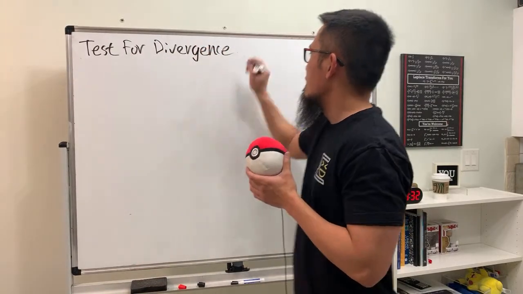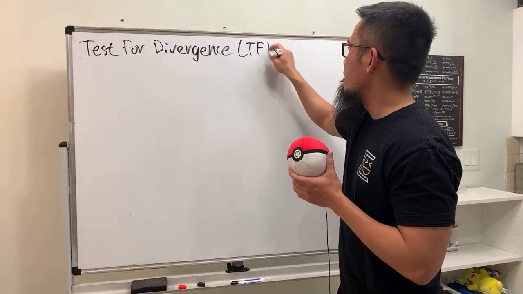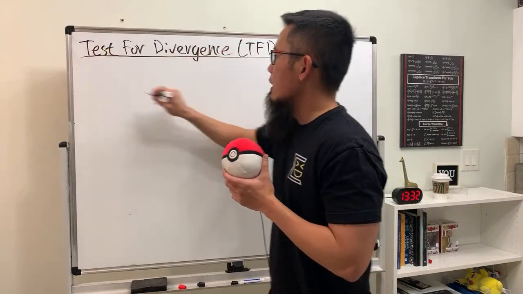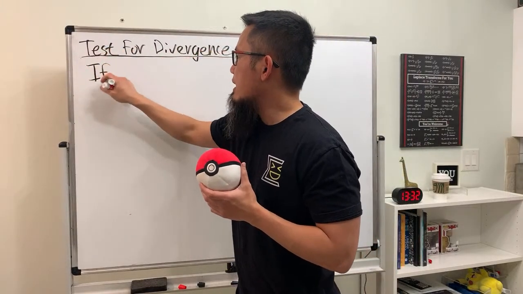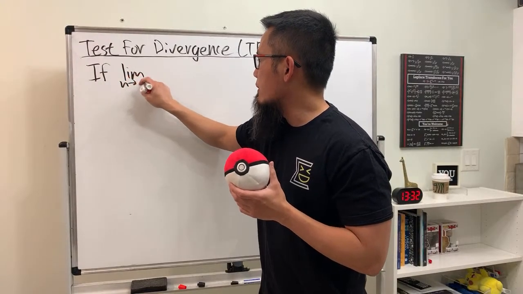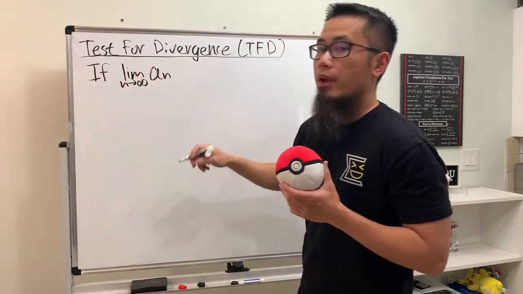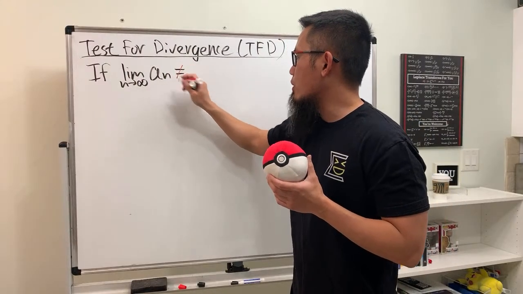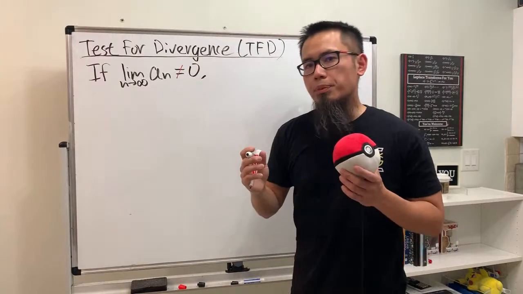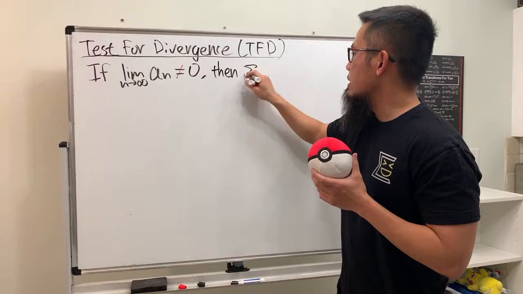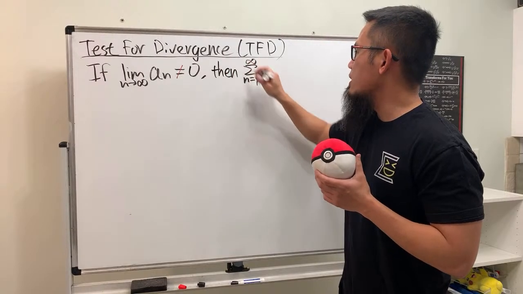This right here is abbreviated as TFD, and it says the following. This is really useful. It says, if you take the limit as n goes to infinity of the sequence a_n, and this is not equal to 0, then you can be super happy because you get to conclude that the series from n equals 1 to infinity of a_n diverges.